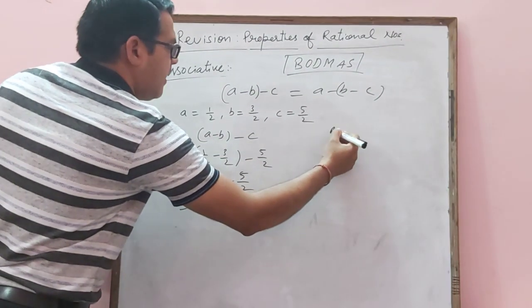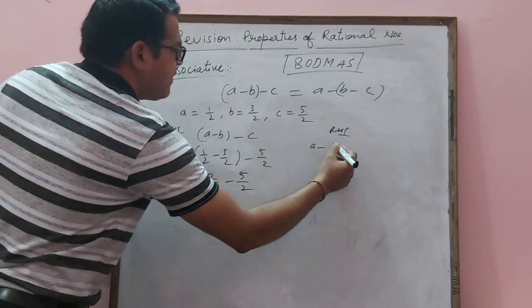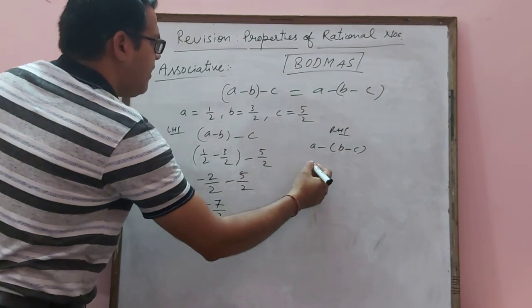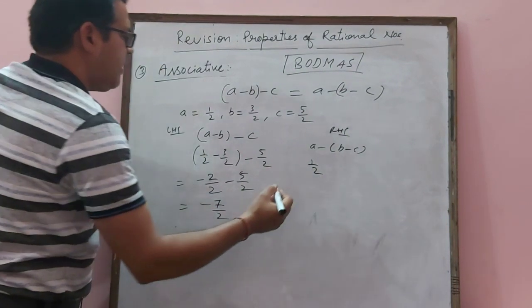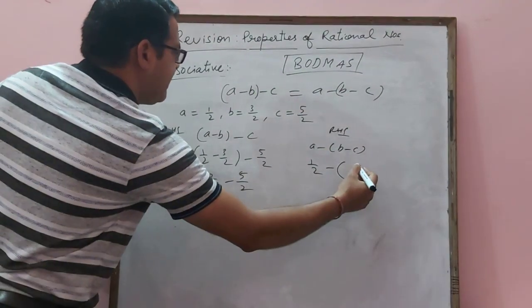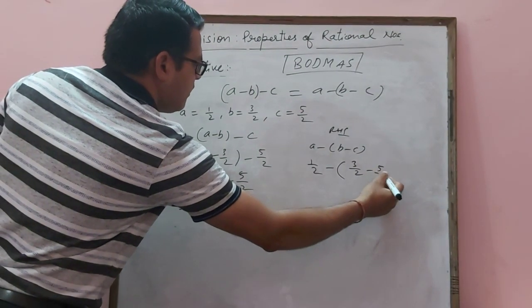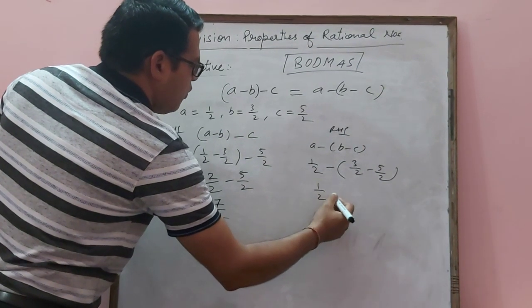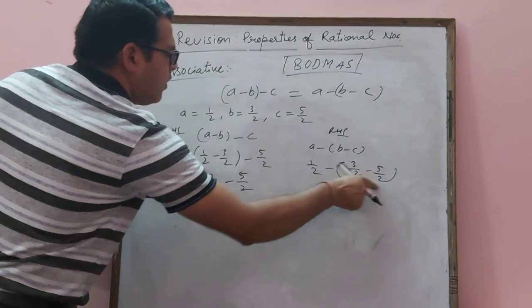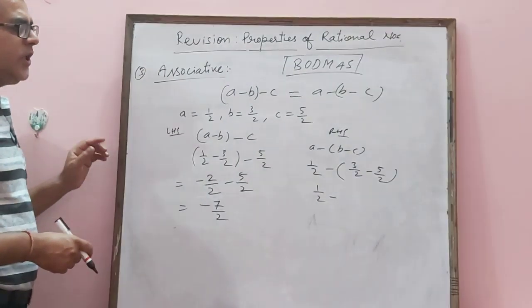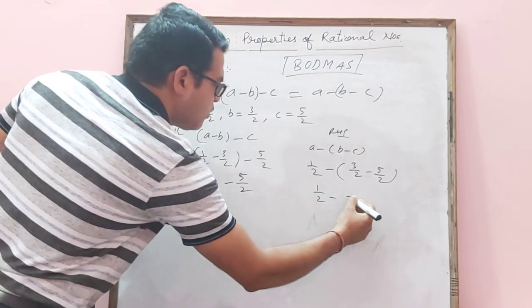Now right hand side I am solving here. A minus then B minus C. The value of A I have taken 1 by 2 and B is 3 by 2, C is 5 by 2. So first we have to go with bracket. So 3 minus 5 means minus 2 by 2 we can write it.